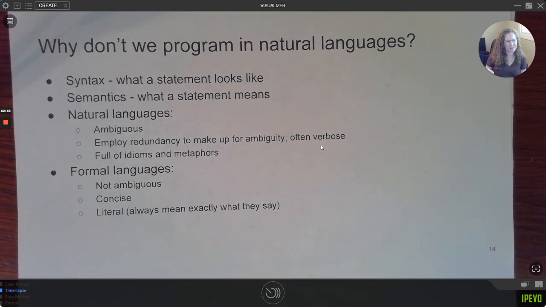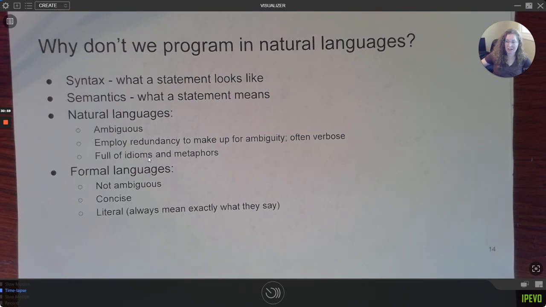What does it mean to rain cats and dogs? I look out the window, there are no cats and dogs falling from the sky. The phrase means something completely different. It's not literal.